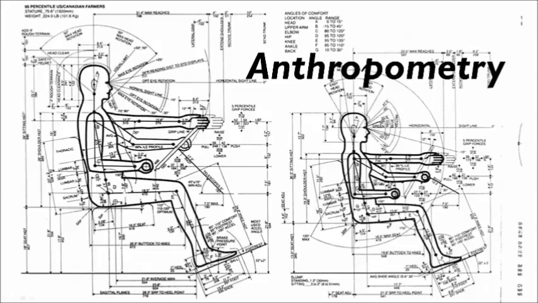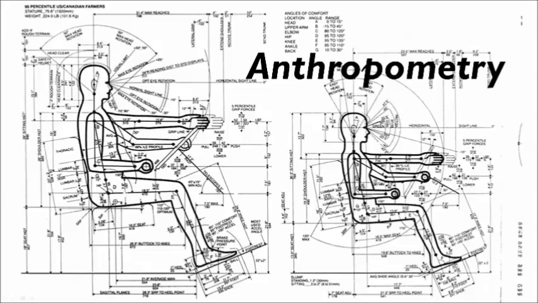And so anthropometry is critical in terms of commercial construction and just modern construction that allows for the greatest number of humans to be able to use any particular space.